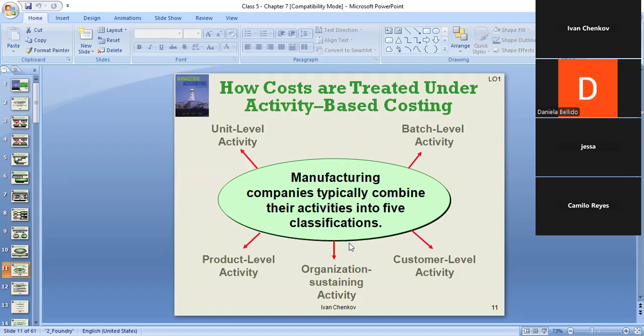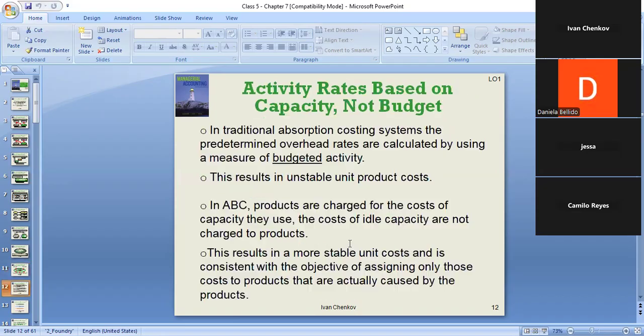The next thing will be the product level of activity, for the entire product now. Next one can be organizational sustaining activity, and the next one can be a customer level of activity. So as you can see, we're using different types of activities in order to determine our cost pools here. Now, in the traditional absorption costing system, the predetermined overhead rate is calculated by using the budget activity.